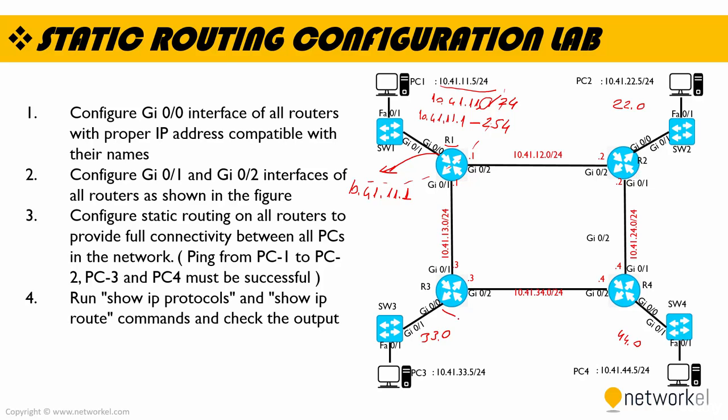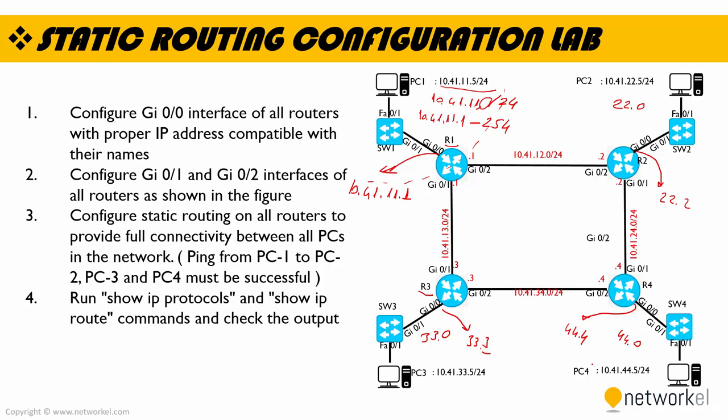I need to assign 33.3 for here because this is router 3. I'm just changing the last octet, as you can see. I need to use 22.2 and 44.4 for here.